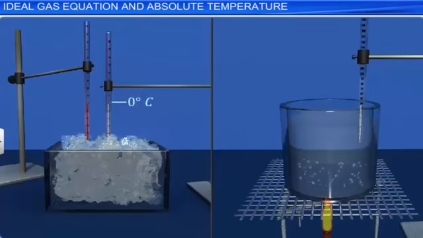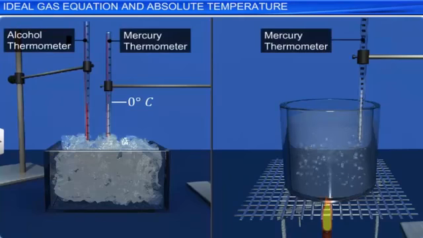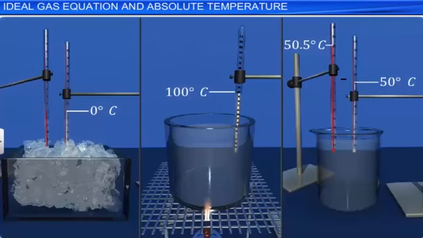The readings shown by different thermometers may coincide at calibration points, but may vary at other temperatures. Due to this, these thermometers are of no use when accurate measurement of temperature is needed.